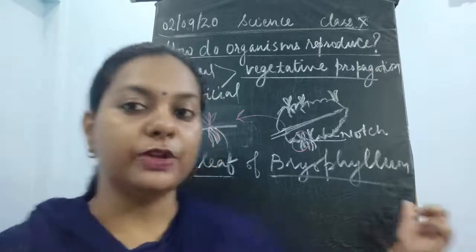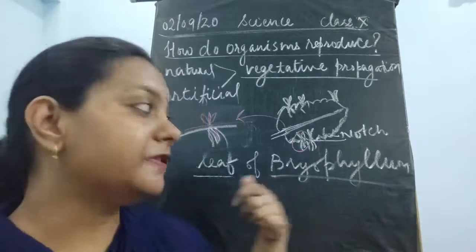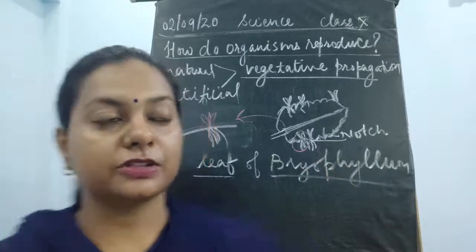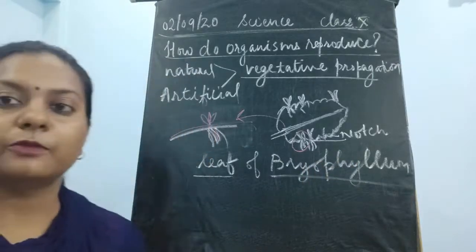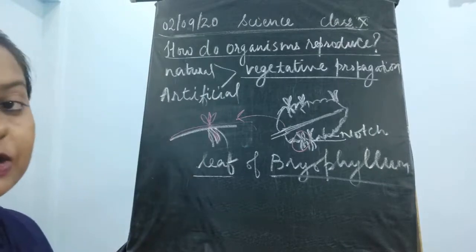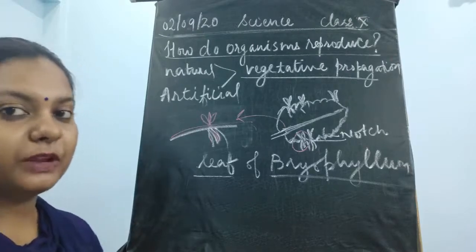This is the way by which bryophyllum increases its population, its number, with the help of this asexual mode of reproduction, that is, natural vegetative propagation, because of which each notch is responsible for the development of a new plantlet.